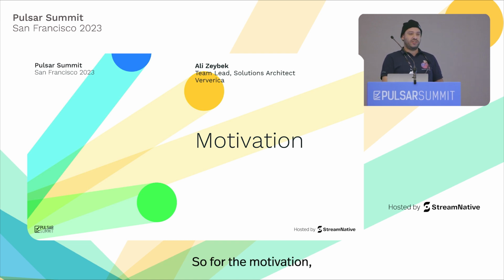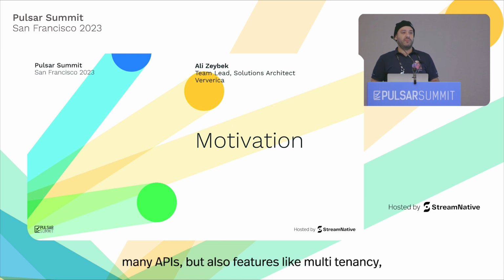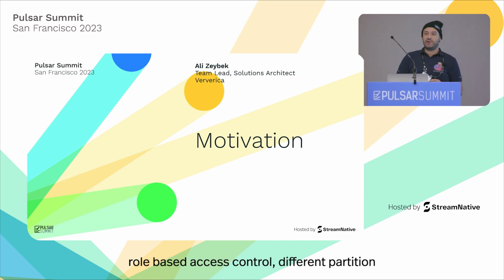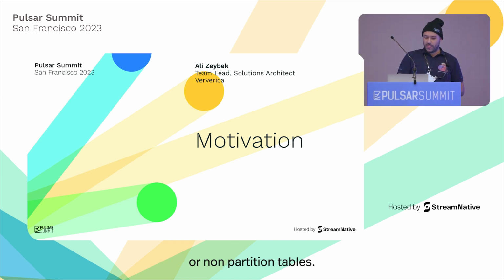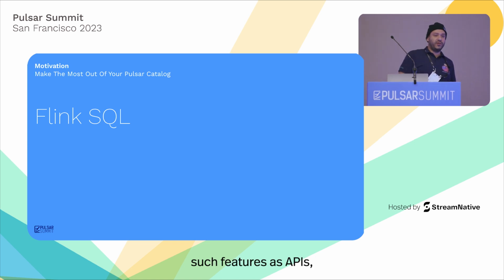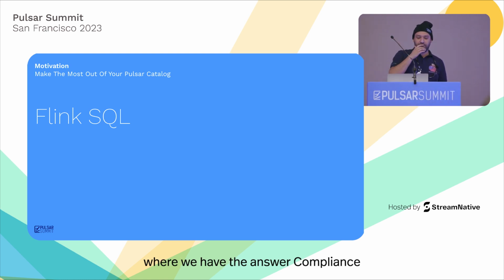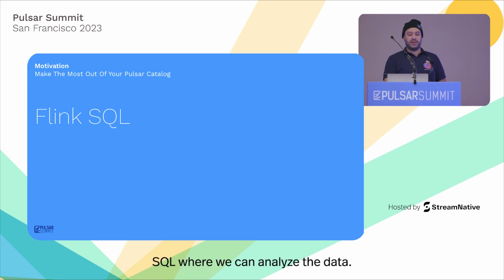So for the motivation, we have this system, Apache Pulsar, that is providing many APIs, but also features like multi-tenancy, role-based access control, partitioned or non-partitioned topics. And we also have in Flink such features as APIs, one of them called Flink SQL, where we have ANSI-compliant SQL, where we can analyze the data.